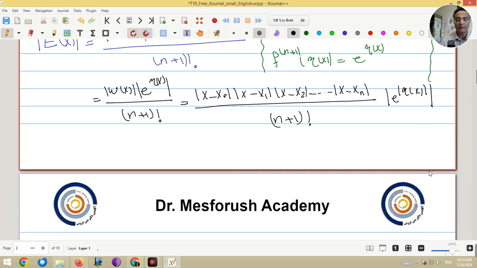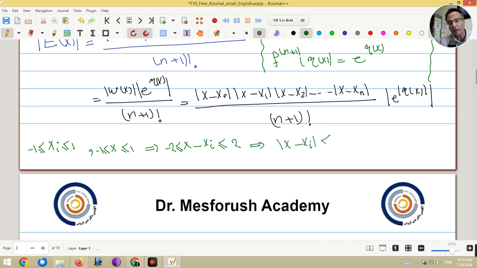Now, two things. First of all, because xi is between -1 and 1, and x is between -1 and 1, it gives that x - xi should be greater than or equal to -2 and less than or equal to 2, and this gives absolute value of x - xi less than or equal to 2 for i equal to 0, 1, to n.